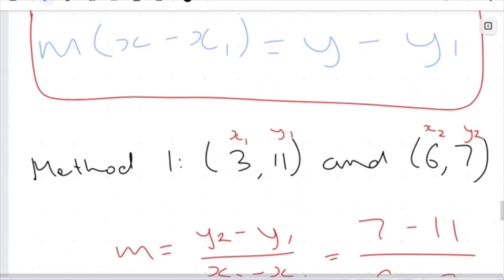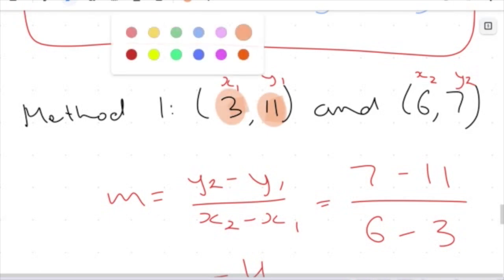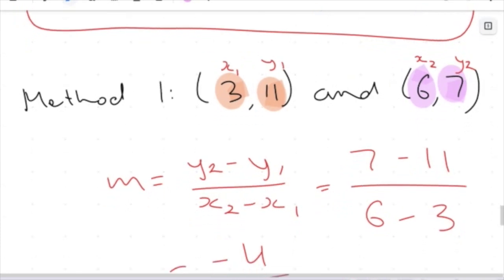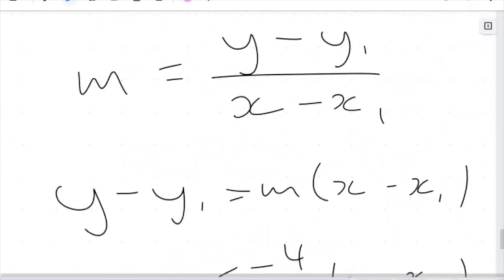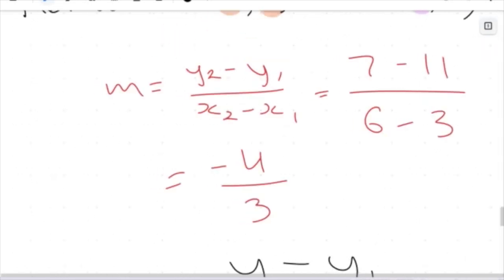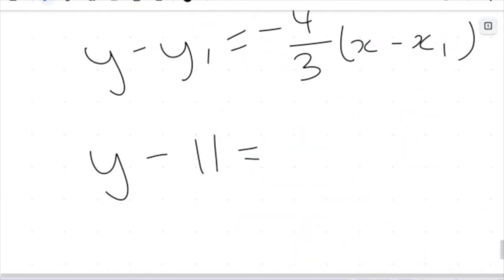Interestingly enough, I can either substitute in this one and this one, or this one and this one. I will get the same answer. But let's just do it with x1 and y1, because that's what we defined here. So I'm going to do y, and instead of y1, I'm going to put in, I think it was 11, equals minus 4 on 3, x minus 3.